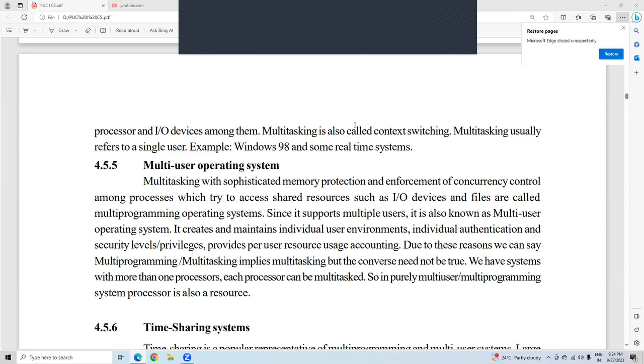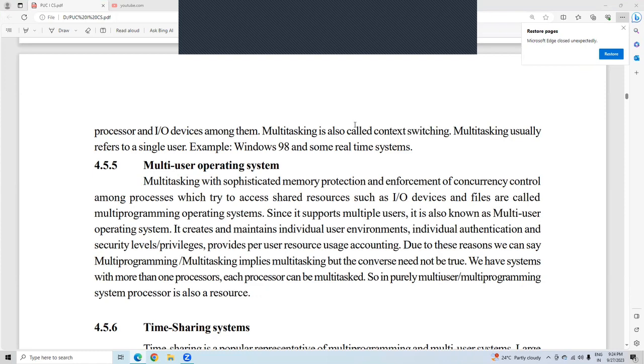See, multitasking with sophisticated memory protection and enforcement of concurrency control among processes which try to access shared resources such as I/O devices and files are called multi-user operating systems.